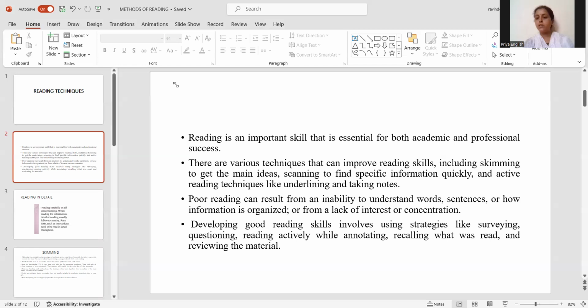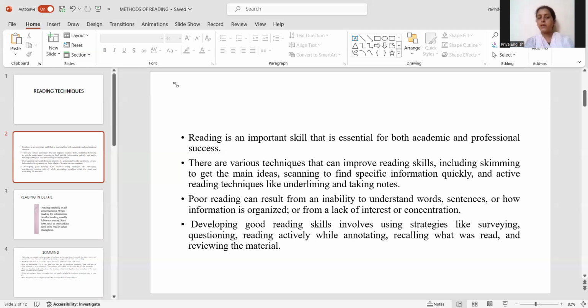Skimming is done to get the main ideas only, just an overall idea. We'll look into it in detail as the class progresses. Scanning is another way of reading, wherein you read to find specific information. From the whole text, you need only a specific part of information, and for that purpose, scanning is done.